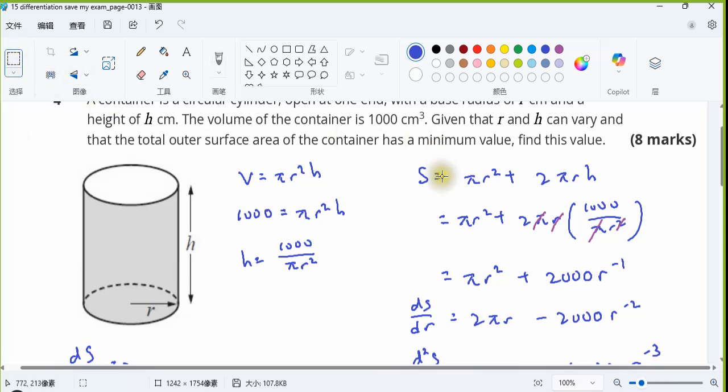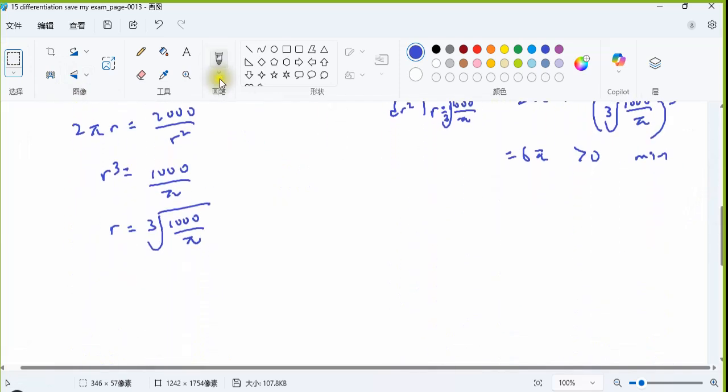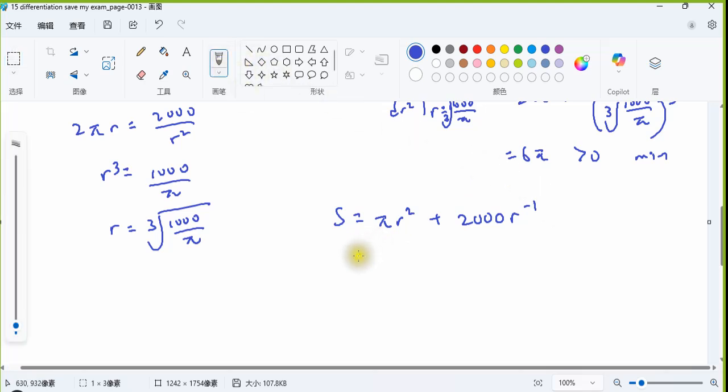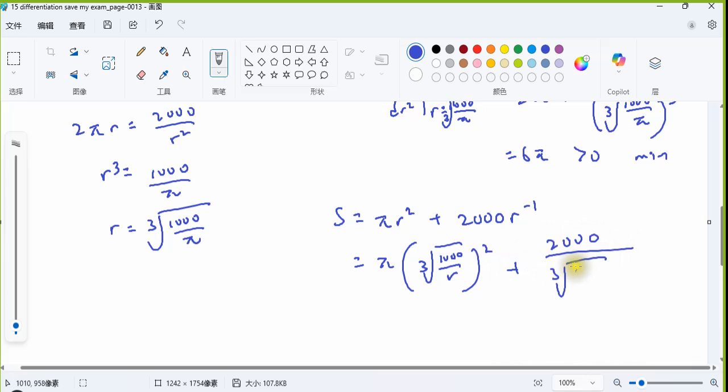So with this value of r, the value of the surface area S will be pi r squared plus 2000 over r.